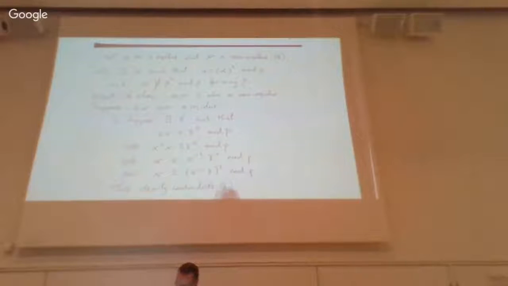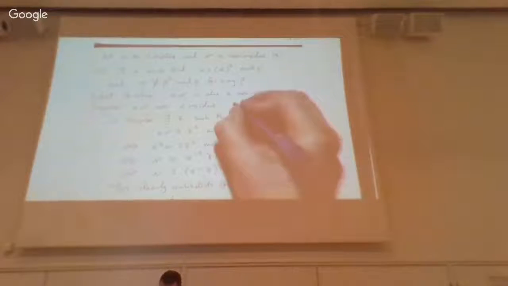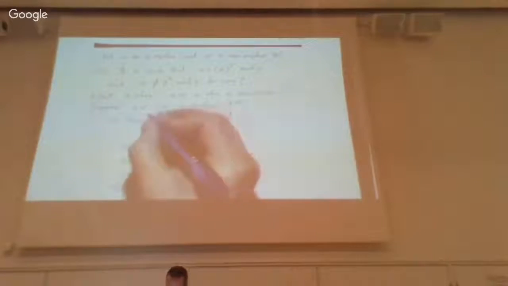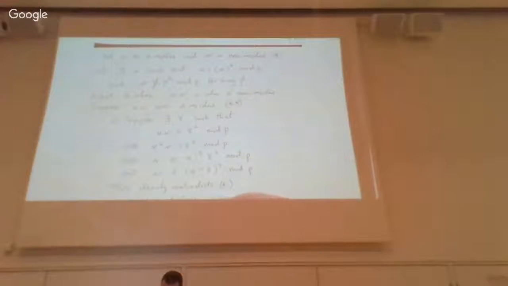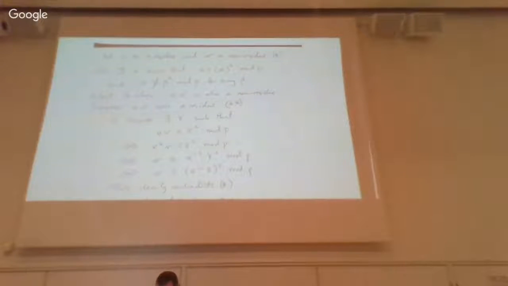So this clearly contradicts star, because V is supposed to be a non-residue. So the assumption at star, this one here, supposing UV was a residue, is wrong. That assumption is wrong, so it leads to contradiction. So the conclusion then is U times V is a, well, if it can't be a residue, it has to be a non-residue.